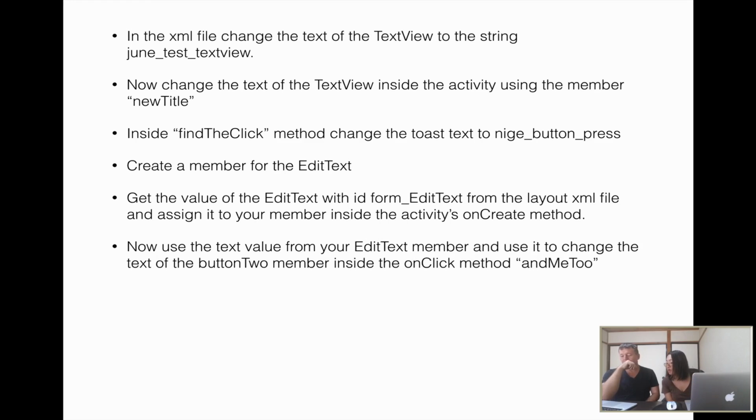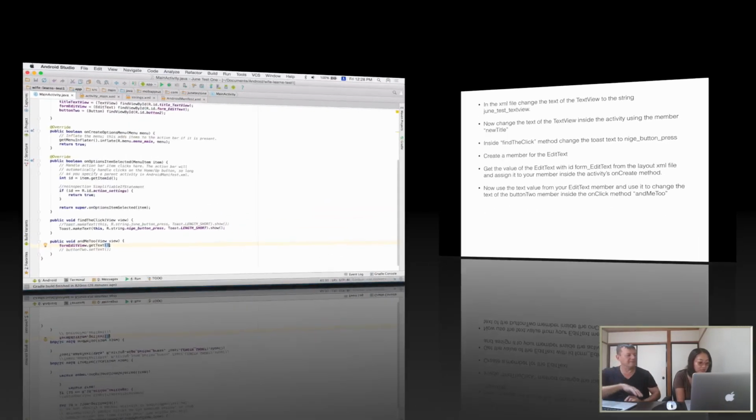I have to read and change the text of the button to member. Basically, there are two steps here. Get the text from the edit text, and put that into your button.